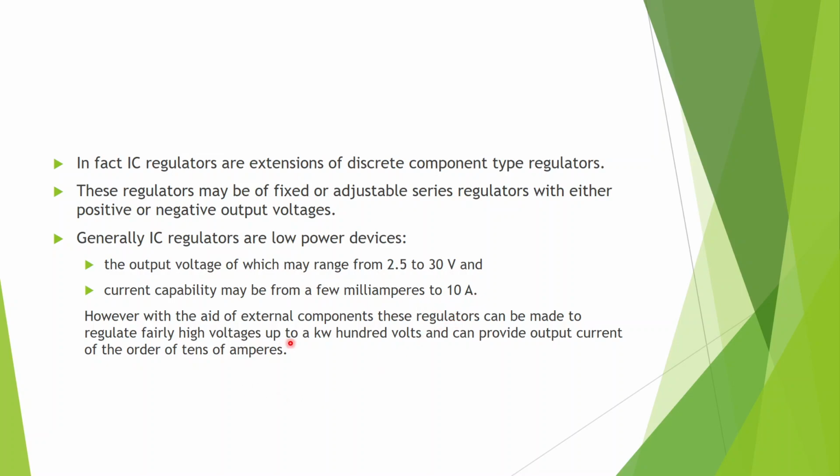But you could connect some external components and you could extend its power capacity to up to 100 kilowatts, and you could increase its output current to the order of tens of amperes. This is by connecting external components to the IC voltage regulators.